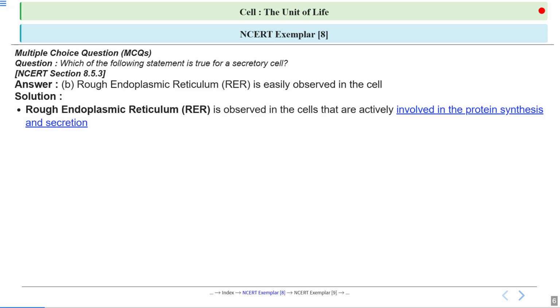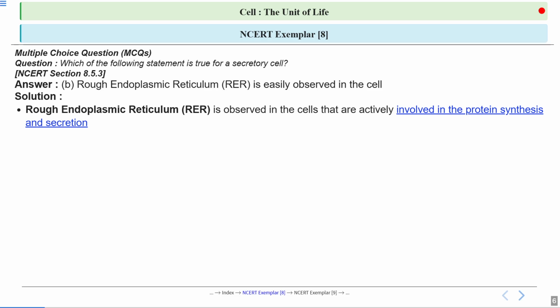So rough endoplasmic reticulum is observed in the cells that are actively involved in protein synthesis and secretion. Secretion means the secretion will be in the form of some proteins, like the enzymes also. What is the chemical nature of enzyme? That is protein, right?